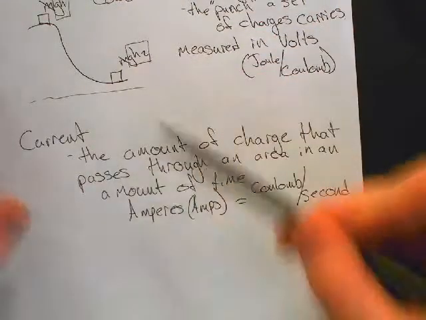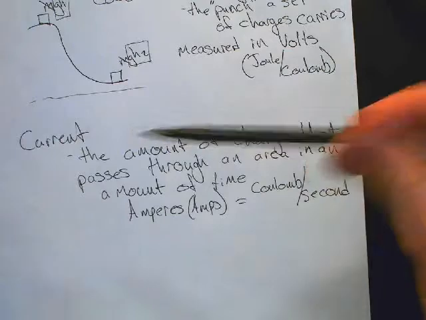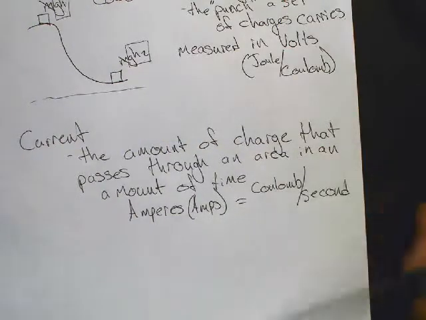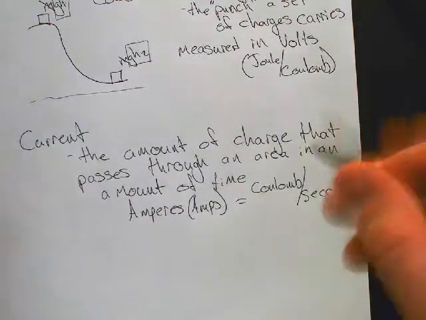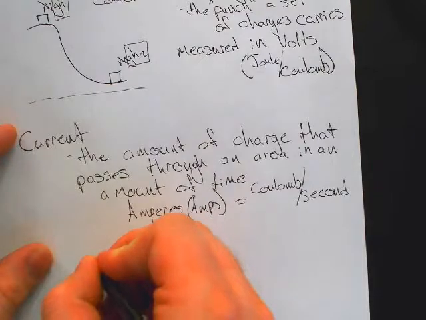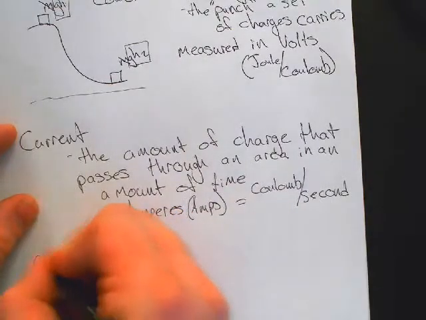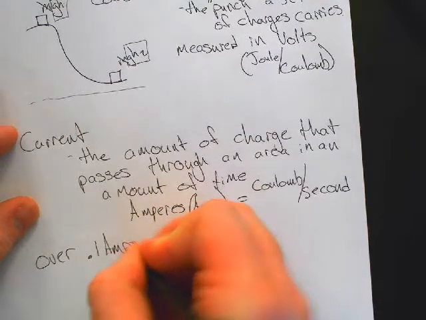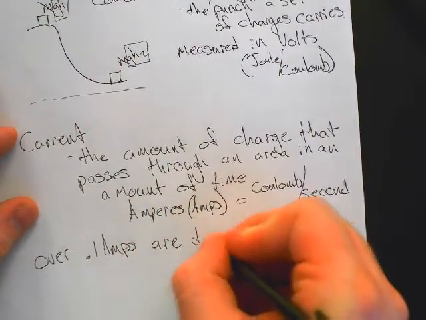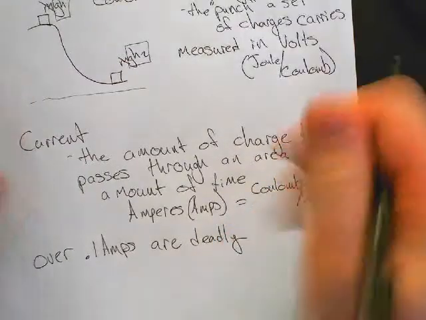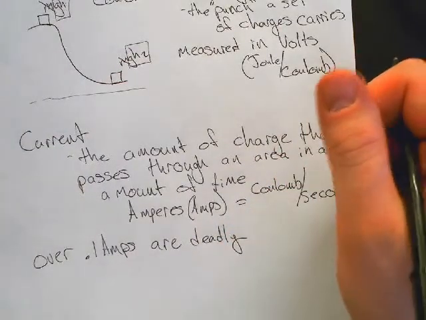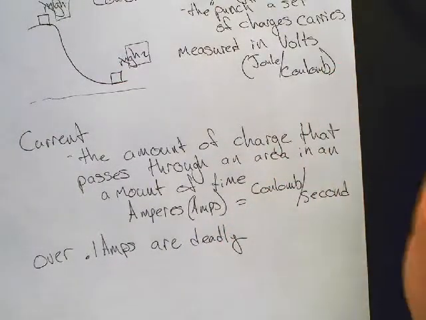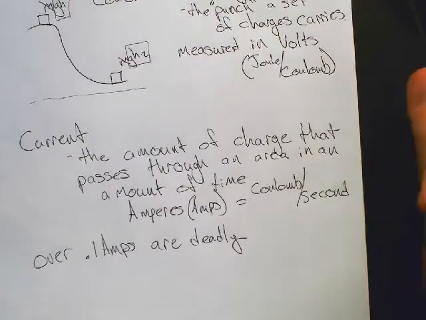All right. Current. So amperes, coulombs per second. Couple of details about current that we should have. Currents over 0.1 amps are deadly. Anybody remember what the current of the taser was? 0.03.